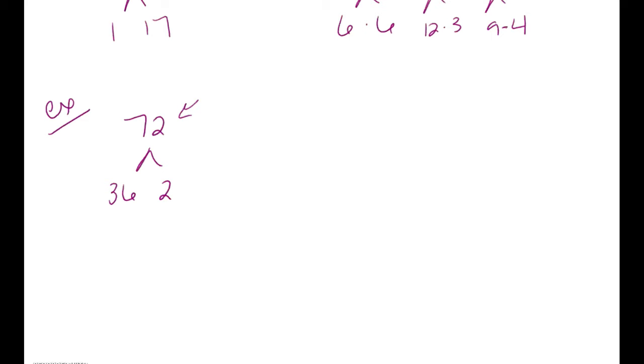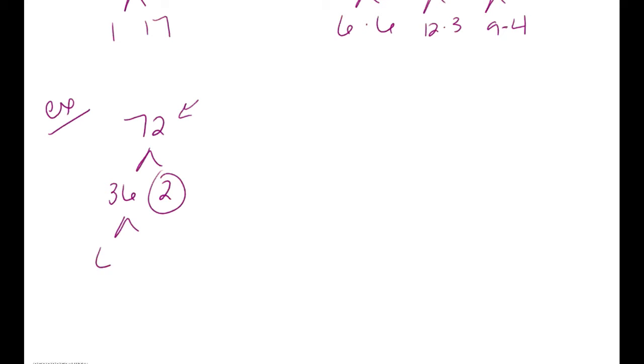Okay, now the idea here is that we're going to break down these factor trees until we get all primes. Now 2 is a weird number because 2, although it's even, it's also prime. So 2 can't break down to anything else except 2 and 1. So therefore, we're going to leave 2 just where it's at.